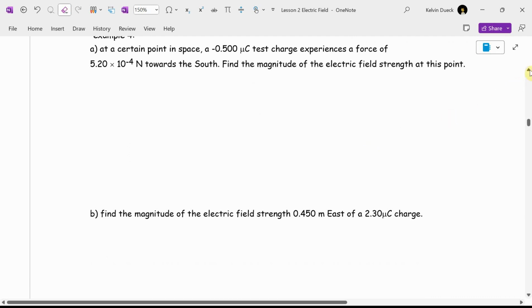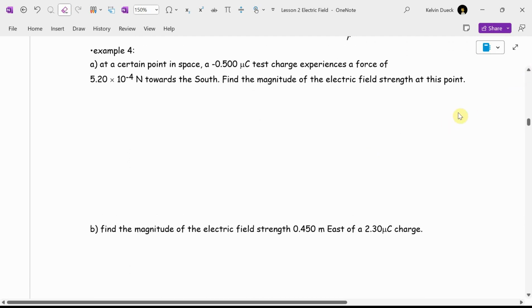Example 4. Okay. Carter, what's A asking me to find? The magnitude of the... What's B asking me to find? The magnitude of the... Oh, these must be the same. You know what? Have we just turned the page? Let's write down both versions.